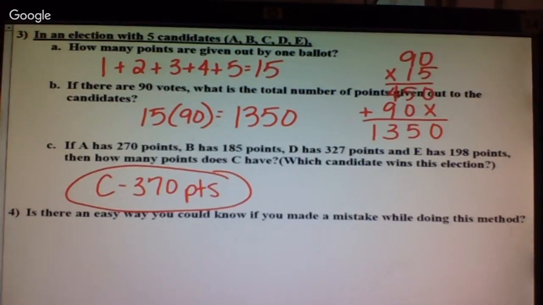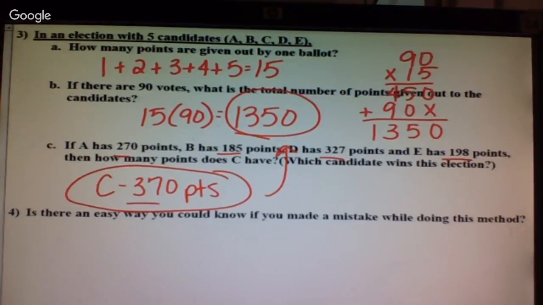If you're doing the Borda count method, there is an easy way to know that you made a mistake. Add up all of the totals of A, B, C, D, and E, and that should always add up to this amount every time. So if I would go back and I would add up A, B, D, E, and C, this total should equal 1350.